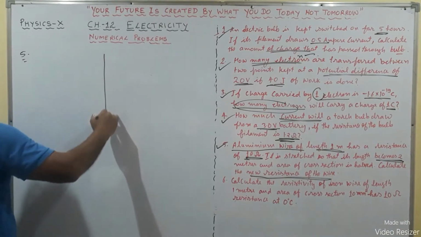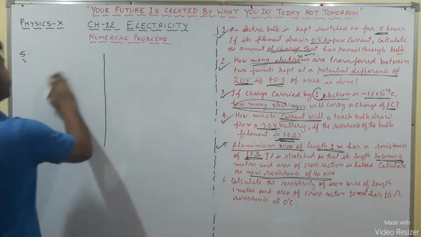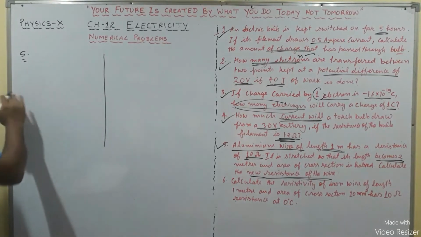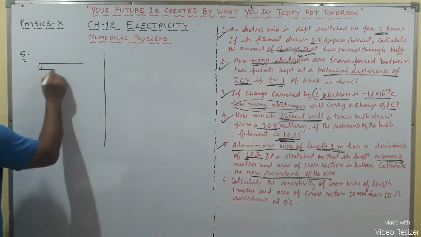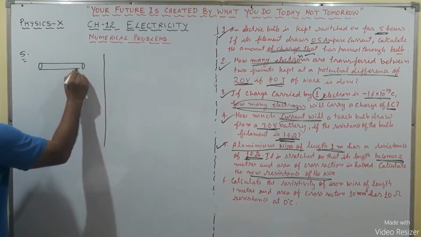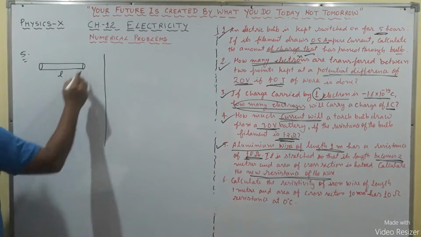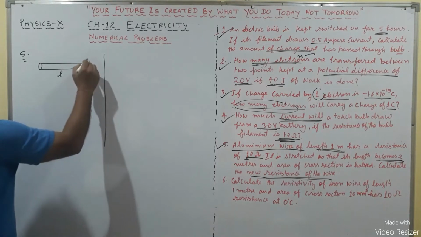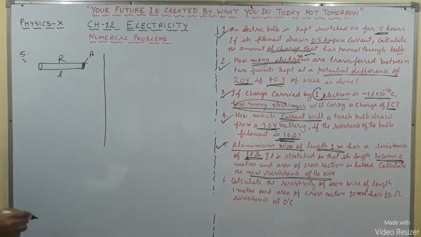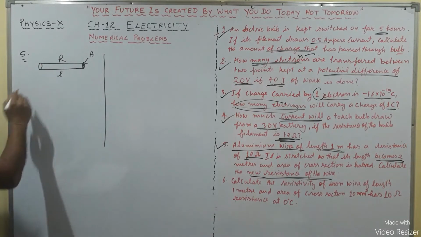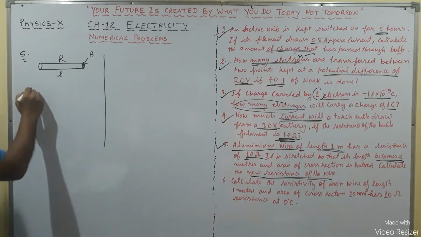To solve this type of problem, we need to draw a figure in the middle. Suppose this is the wire of length L, area of cross section is A and the resistance is R. So what is the resistance here?